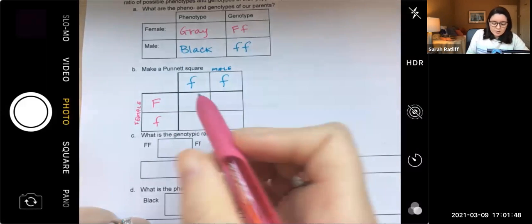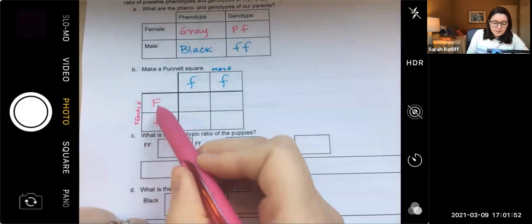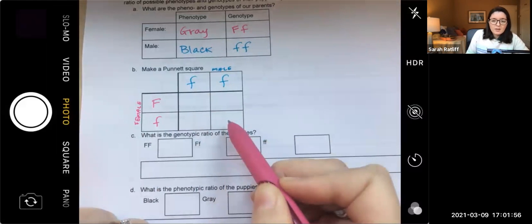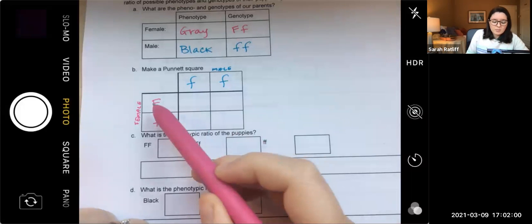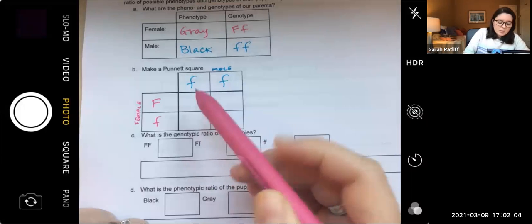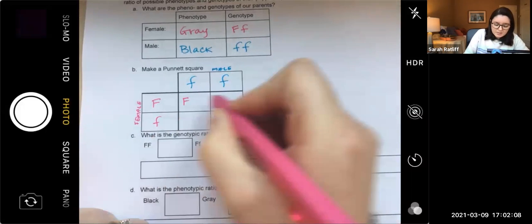All right, so from the female, we're getting big F's across this way and little f's across this way. Best practices tell us capital letters always come before lowercase letters in our genotypes. So I'm going to go ahead and write these capital F's because they're going to come first.